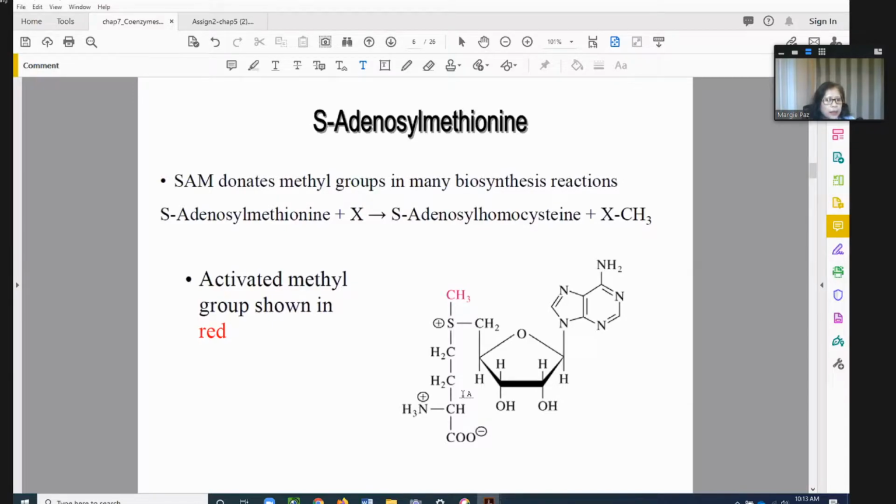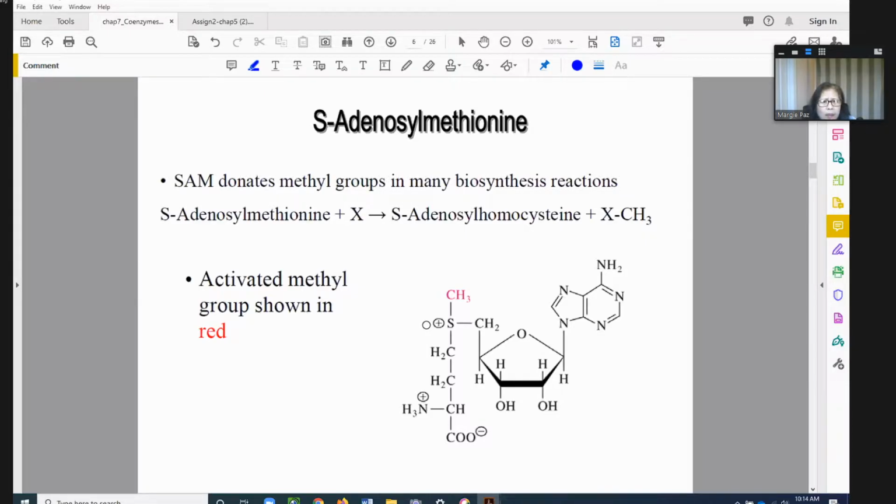We see here, methionine reacting with ATP will produce SAM. The activated methyl group here is shown in red. The positively charged sulfonium here of S-adenosyl methionine is highly reactive.